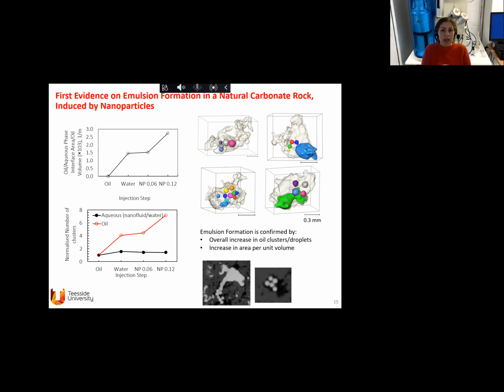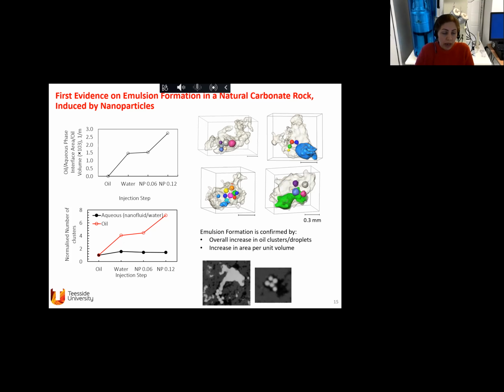On the image, we see quite a lot more smaller droplets, and this is measured here, confined within the pore space, where we had larger droplets before the injection had happened. Now, in terms of how this might help or not help, obviously this is a discussion.